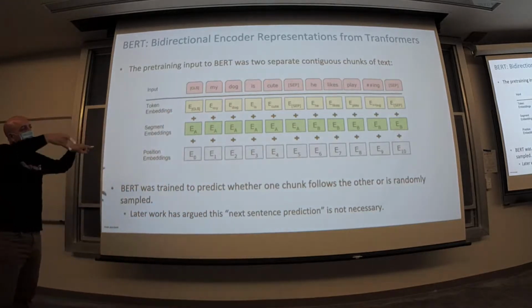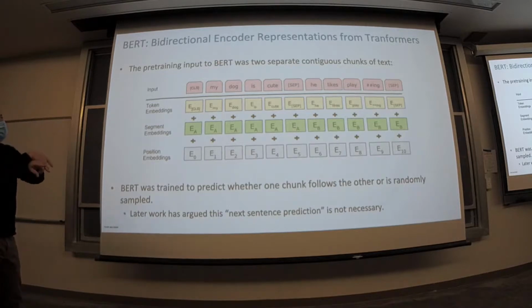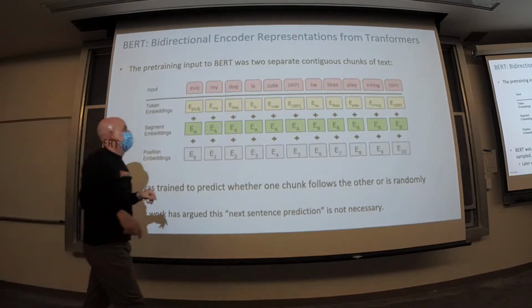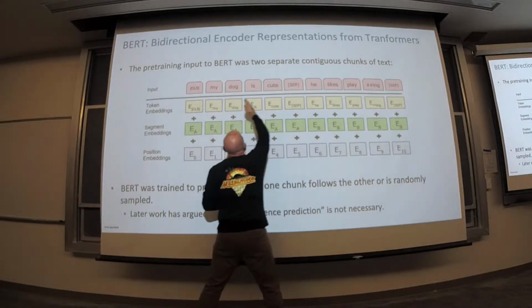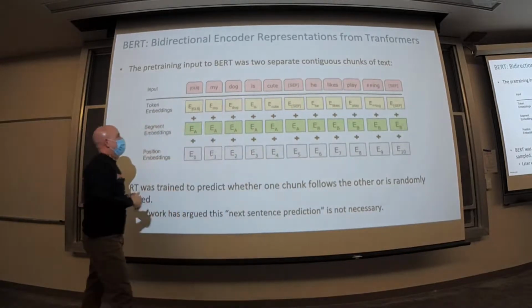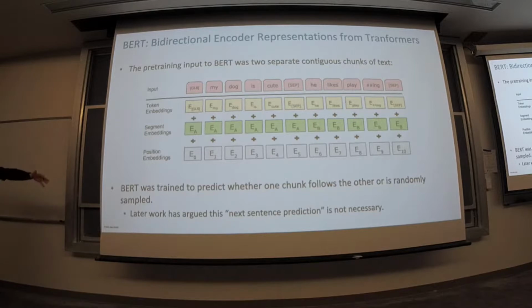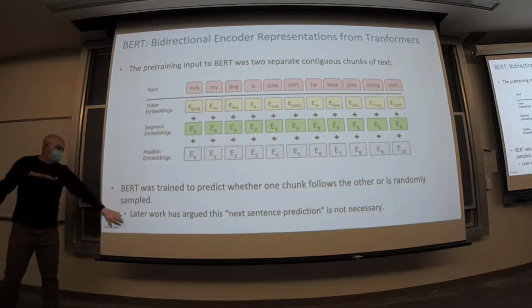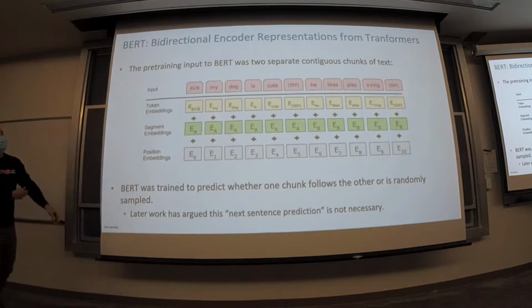If you put it in the other direction, it doesn't make as much sense. For example, if you have a pronoun, it should follow having said what the noun is that it's referring to. This was done in the original BERT. It turns out that a subsequent work decided this wasn't so important, but the original BERT was trained to do this task as well.